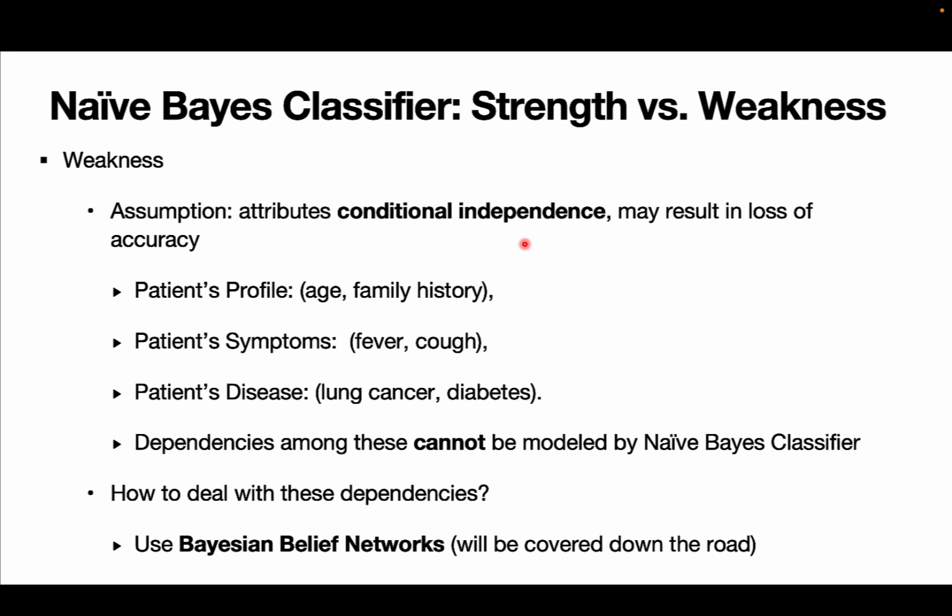For example, in medical diagnosis, features such as the patient's age, family history, symptoms, and the condition are not independent of one another. So treating them as independent is going to be problematic. That's why we are going to learn about more effective and complex models like Bayesian belief networks.